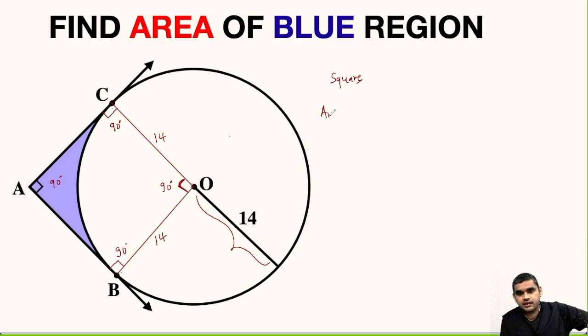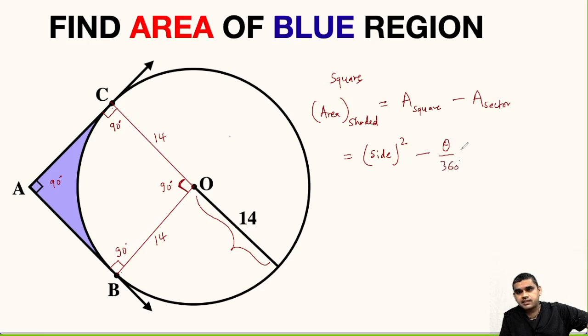So area of shaded region is equal to area of square minus area of sector. So area of square is side squared minus area of sector is theta upon 360 degrees multiplied with pi times radius squared.